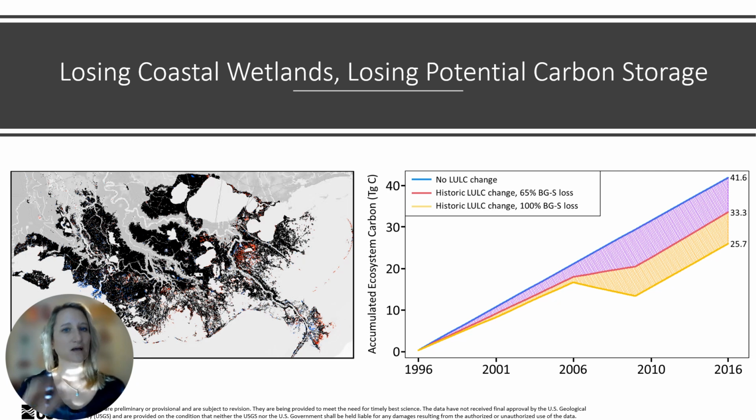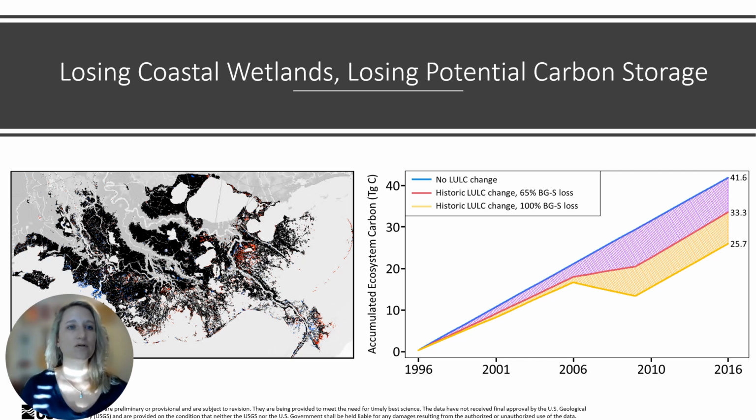And I wanted to mention as well that land loss is still an important component of this work. Even with the Coastal Master Plan restoration, they're still expecting some land loss. And our work with Eric Ward showed the historical land loss and the carbon consequences of that land loss.